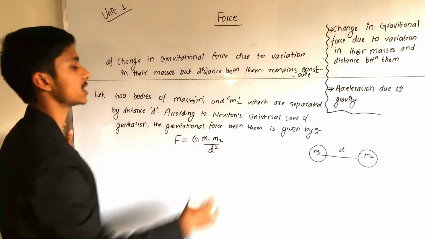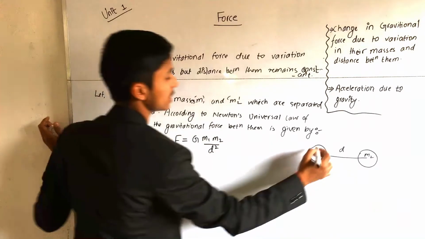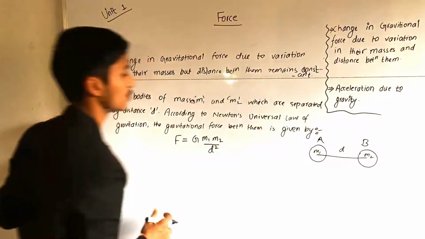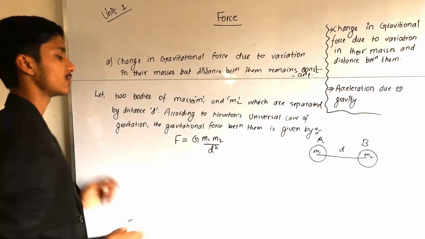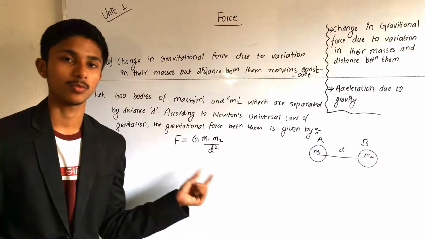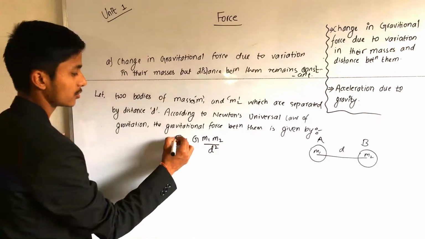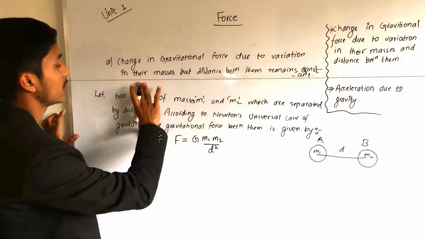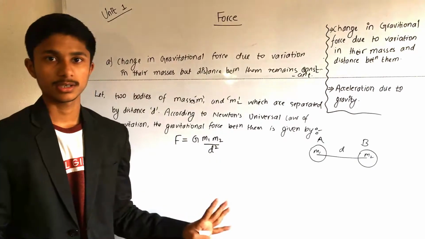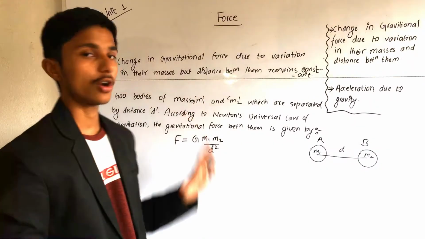In the previous lecture we have discussed Newton's universal law of gravitation, so if you haven't watched, then go and watch it. Let this body be A and this body be B. So this is the gravitational force between two bodies A and B of masses m1 and m2 respectively. Since this much is common in all cases, I am not going to repeat this statement in all cases.